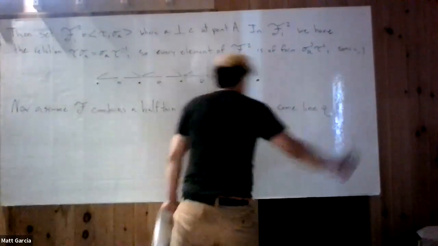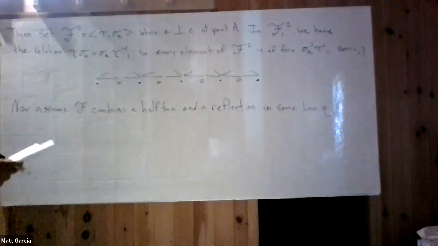So we'll assume that F contains some reflection in line Q.